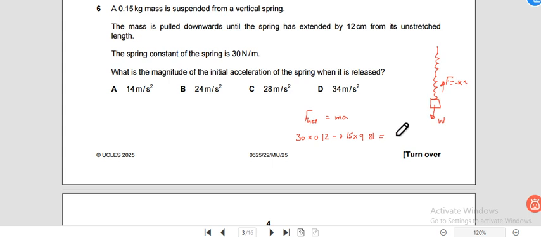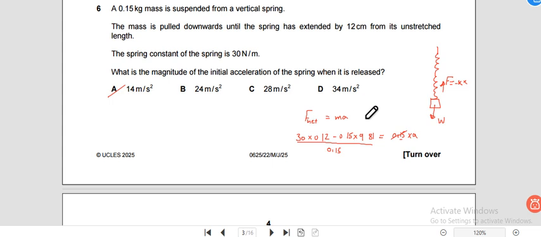This is equal to the mass, 0.15 again, times the wanted acceleration. We can remove the mass from here, divide by 0.15, use your calculator, and you'll find a to be 14.